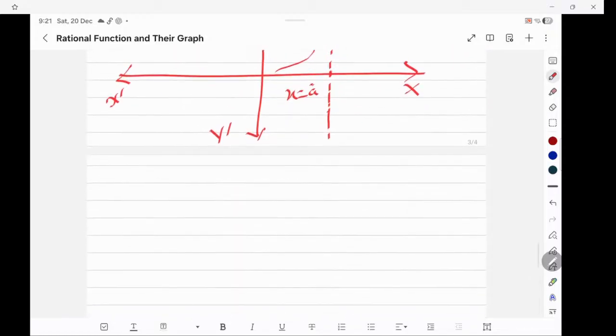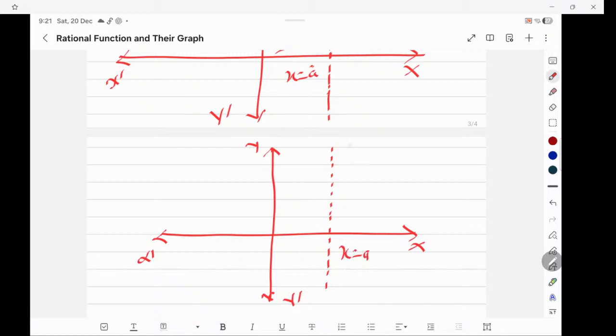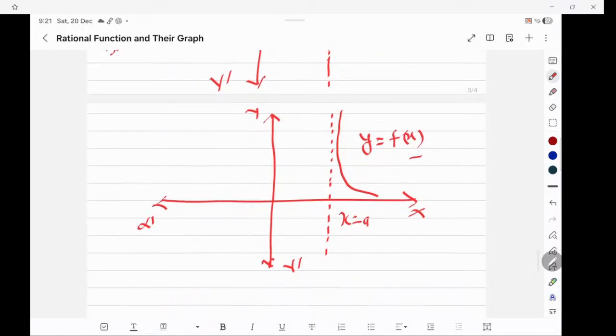And the same thing on the other side, the graph looks like this, y equals f(x).